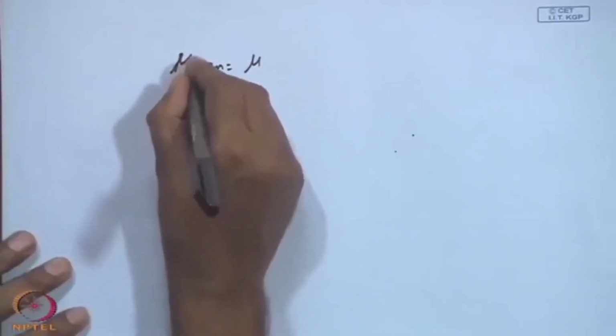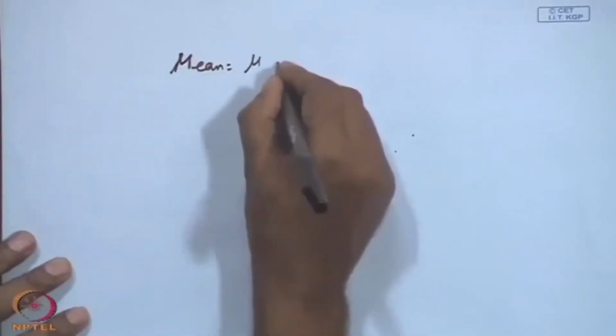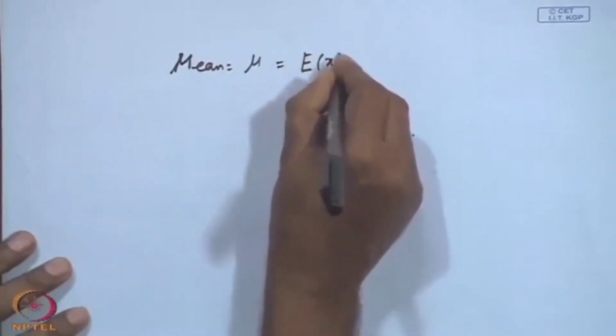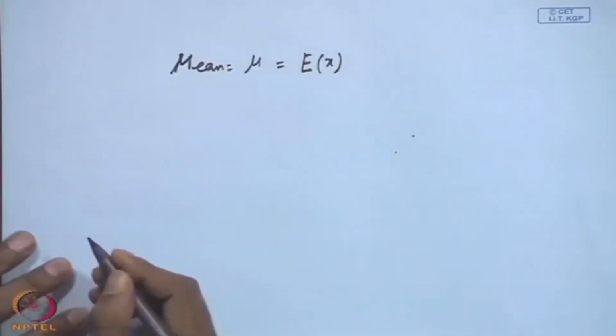Suppose we want to know the average height of the IIT students. This is nothing but the expected value of x. That expected value of x, or the variable of interest, is known as the mean, that is mu. Mu stands for mean. Mean is the expected value of x.